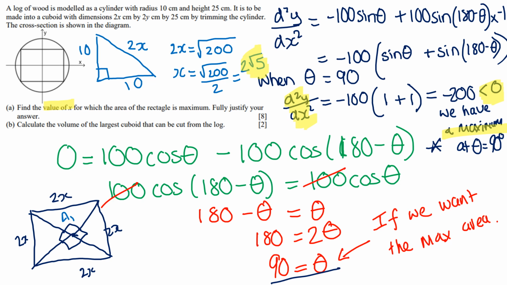So volume, I think it's only worth a couple of marks, will equal the maximum area times the height of the cuboid, which is 25 centimetres.